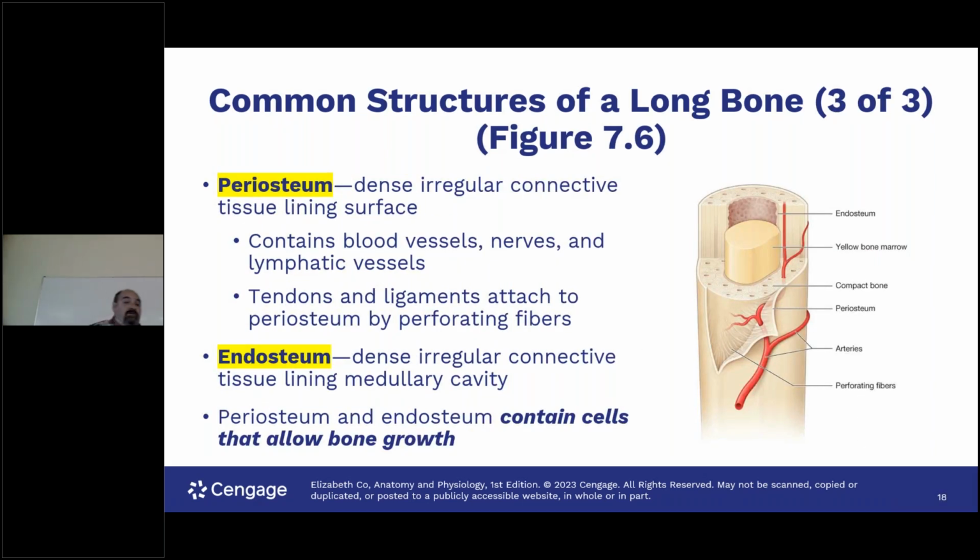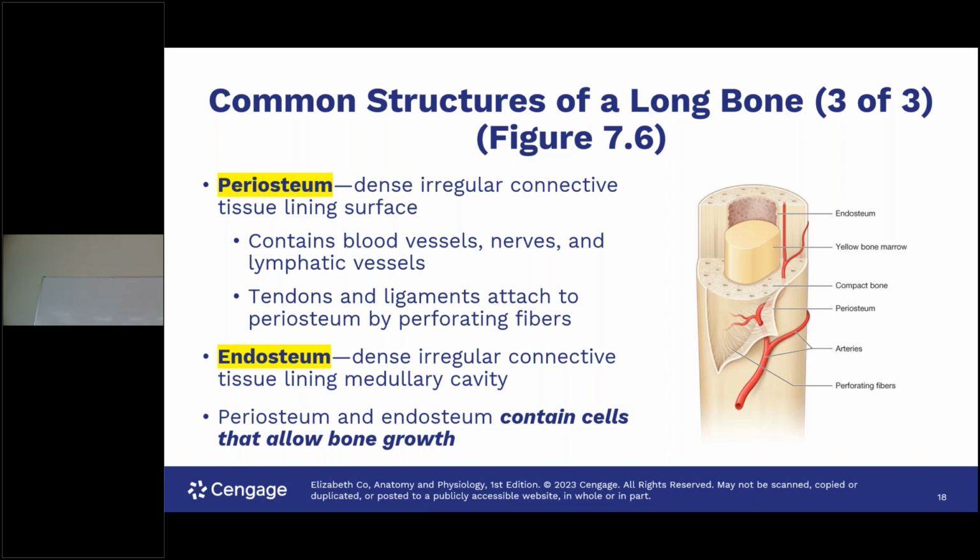Now, the covering of bone is the periosteum. There are two layers to the periosteum: an outer fibrous layer and an inner layer that is cellular. You should write that down.